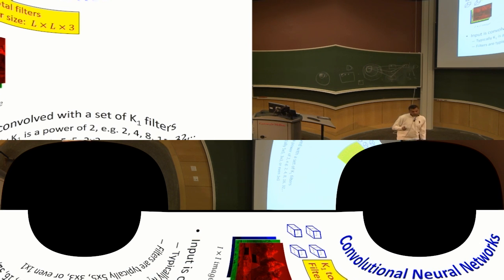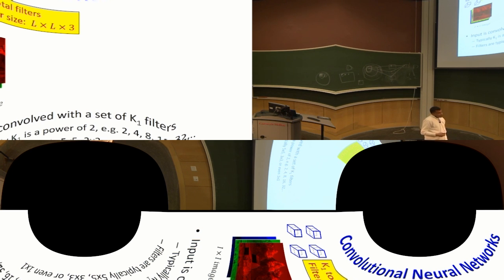So here's what your input is going to look like. And you're going to have a bunch of filters, say K1 filters. K1 means there are K1 filters, where the 1 is the index which represents the layer. And each filter is going to have some physical span, which could be 3 cross 3 in my example. So now the input is going to be convolved with these K1 filters.